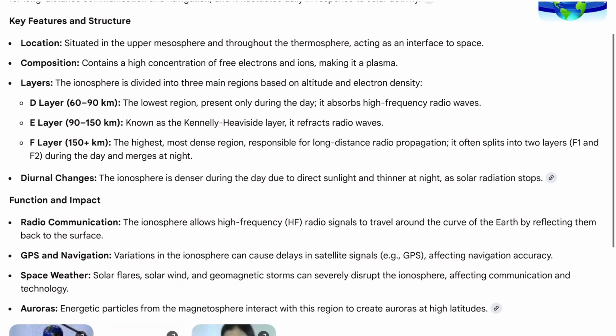So what are the functions and impact of the ionosphere? It helps in radio communication. The ionosphere allows high frequency radio signals to travel around the curve of the earth by reflecting them back to the surface. Then GPS and navigation purposes, space weather and auroras.